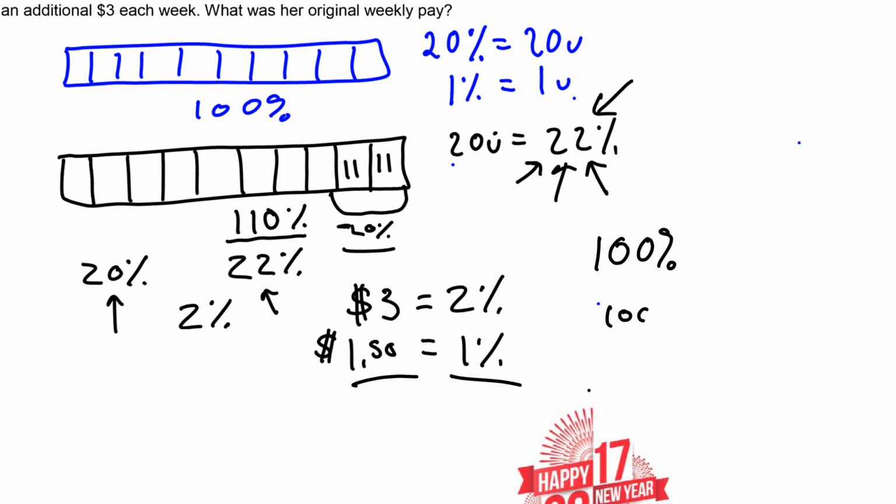So 100 of those little units, and we're going to multiply that times 1.50, we find out that 100% up here, her original pay, is worth $150.